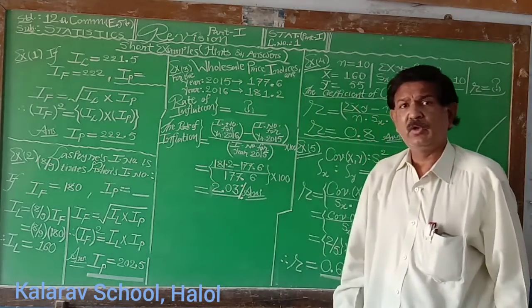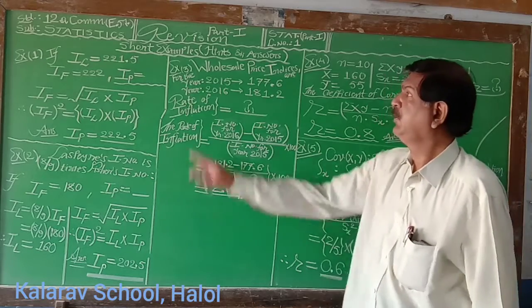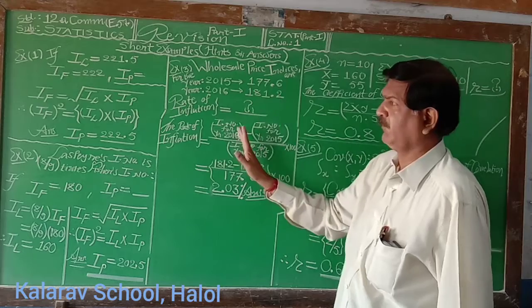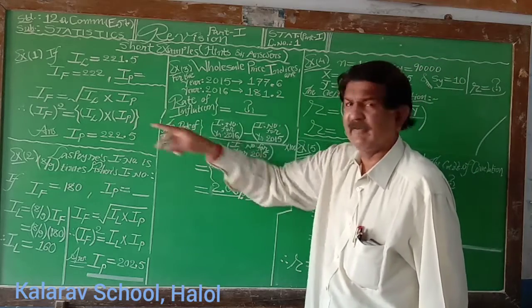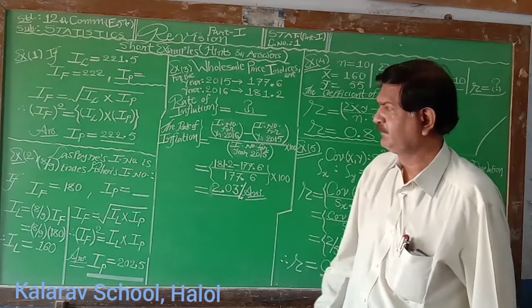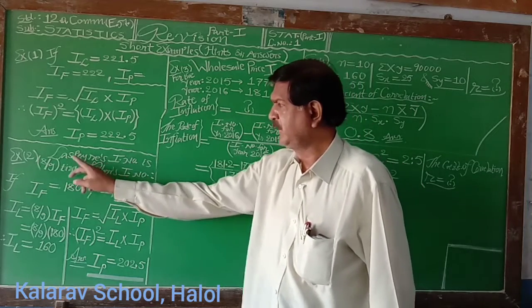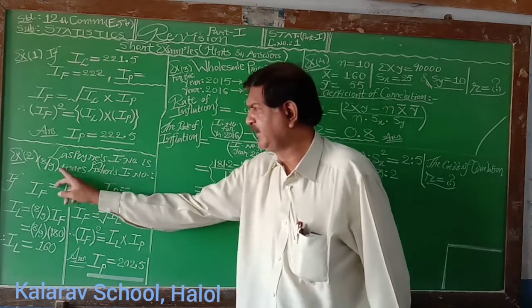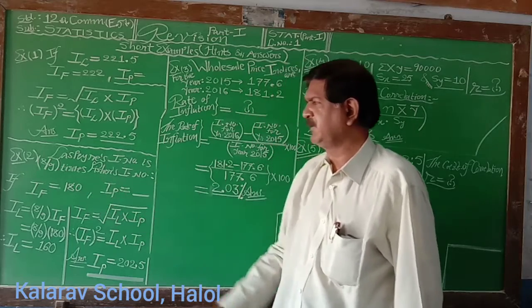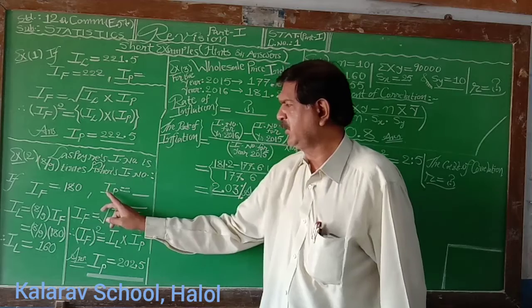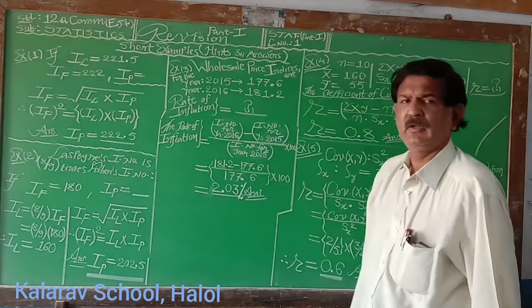Right? So I have written short examples with the hints and answers only. The remaining calculation, leave it to you. Now Laspeyres index number, second example. Laspeyres index number is 8 by 9 times that of Fisher's index number. If Fisher's index number is 180, then calculate Paasche's index number.